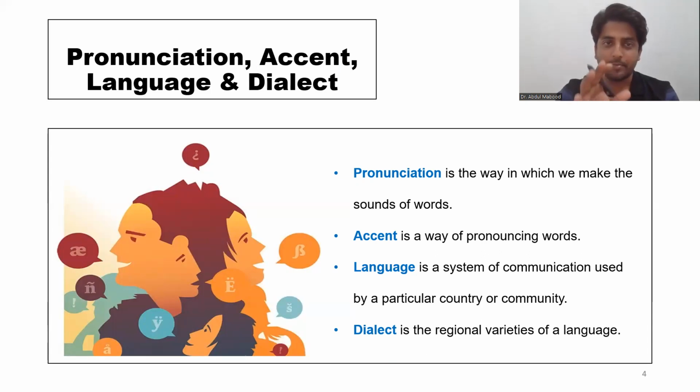The language is same, maybe it is Hindi or Bengali or any other language, but after every 10 kilometers, 5 kilometers, you will see something is different in that language, in tone, in the delivery system of the words, okay, and sometimes in grammar also, right? So they are dialects. I hope these four things are clear to you.